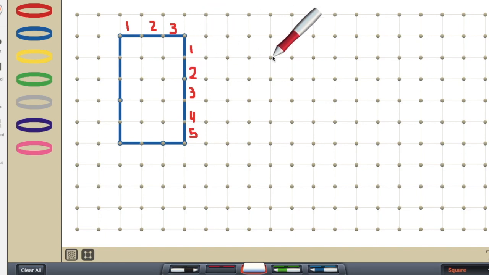So when we go to do our multiplication, you should remember from when we were looking at multiplication using arrays that when we have 5 rows and there are 3 in each row, we can write a multiplication sentence that looks like this: 5 times 3, and that of course equals 15.